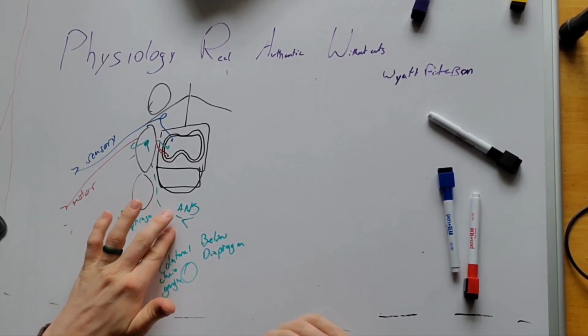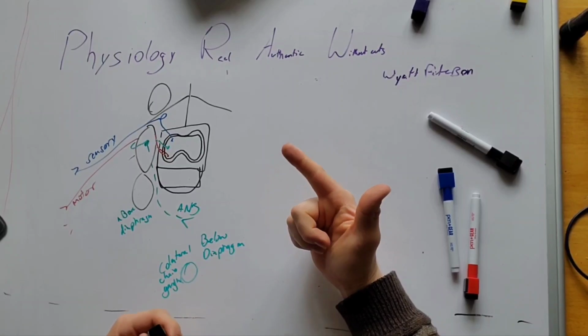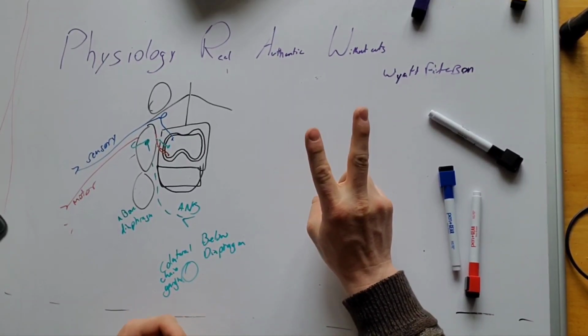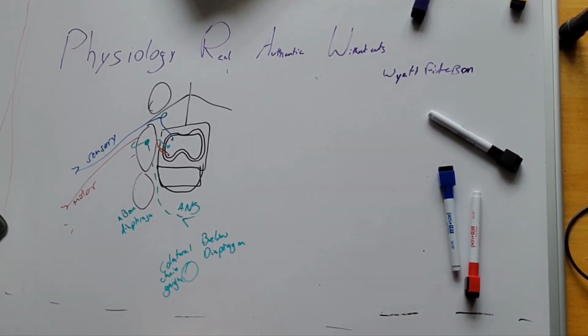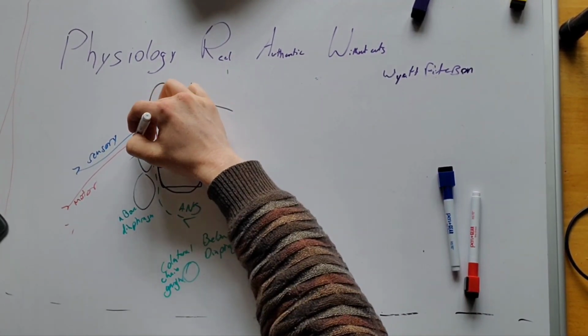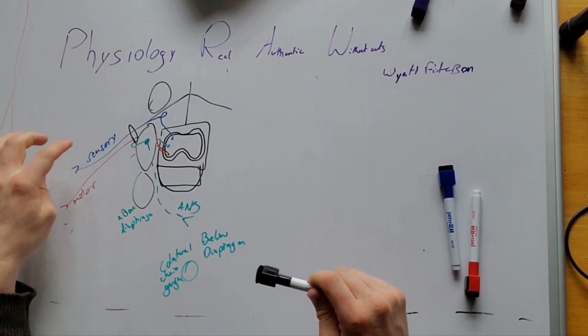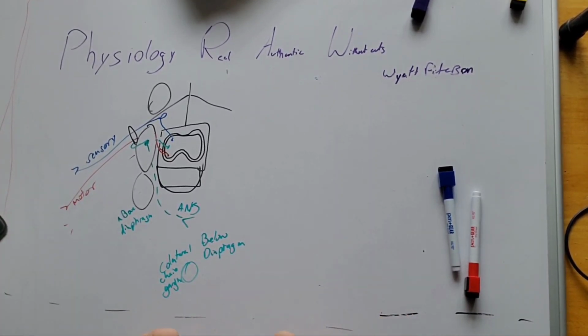So the ANS, both sides of the ANS with this sympathetic and parasympathetic have 2 neurons, and they have to synapse in these little ganglions. And all 3 of these make up a spinal cord. The sensory and the motor are made up of 1 neuron.